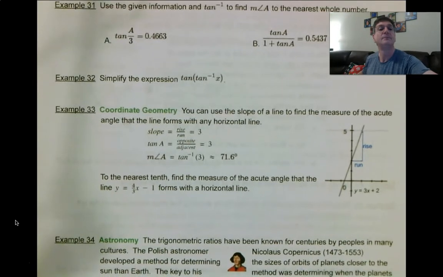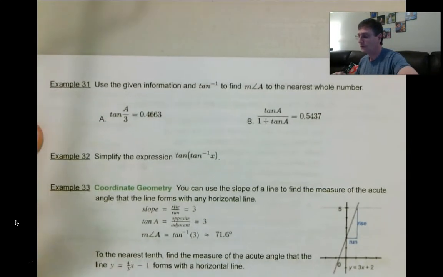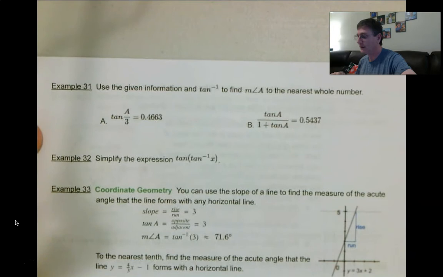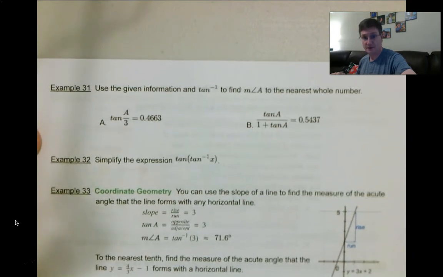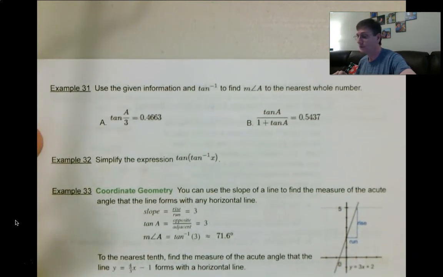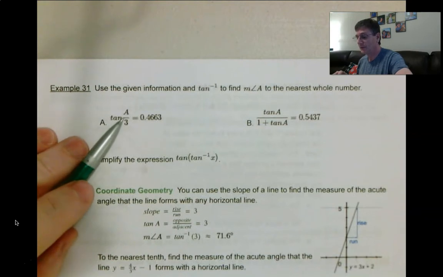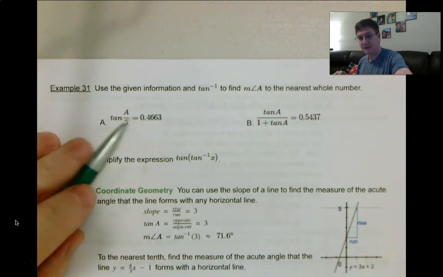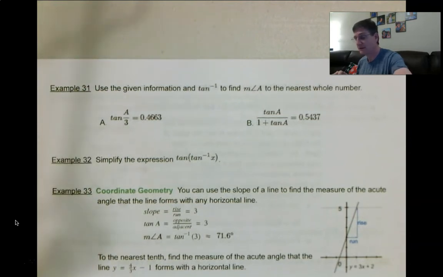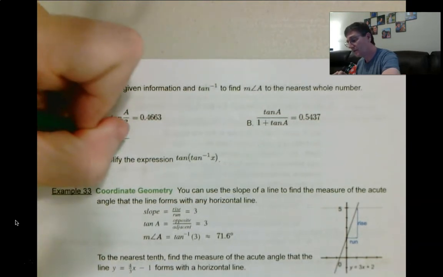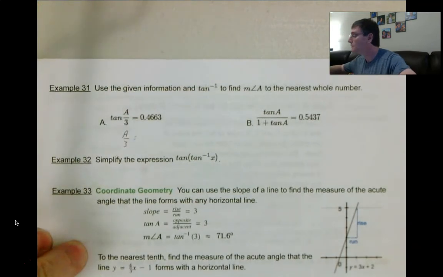Example 31. Use the given information and inverse tangent. Find the measure of angle A to the nearest whole number. So we're going to do inverse tangent of both sides of this, and then we're going to multiply by 3, because inverse tangent is going to give us A over 3, which equals 0.4663.